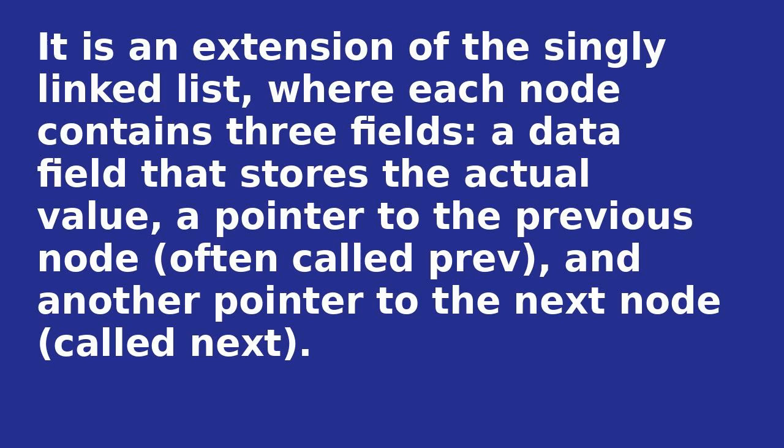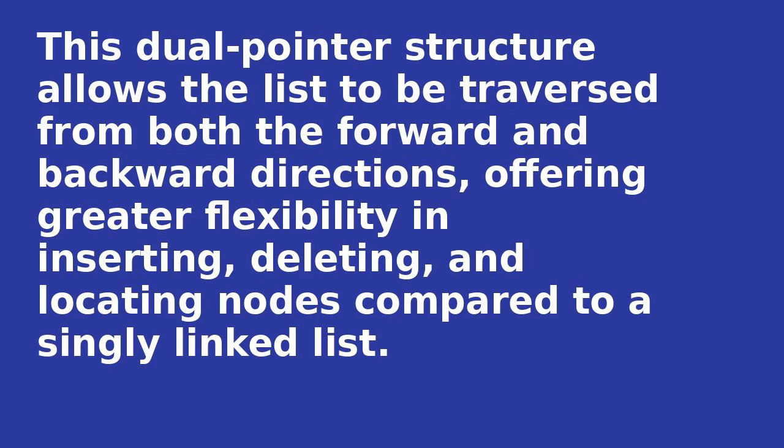It is an extension of the singly linked list, where each node contains three fields: a data field that stores the actual value, a pointer to the previous node, often called prev, and another pointer to the next node, called next. This dual pointer structure allows the list to be traversed from both the forward and backward directions, offering greater flexibility in inserting, deleting, and locating nodes compared to a singly linked list.